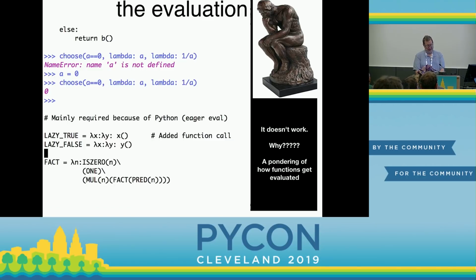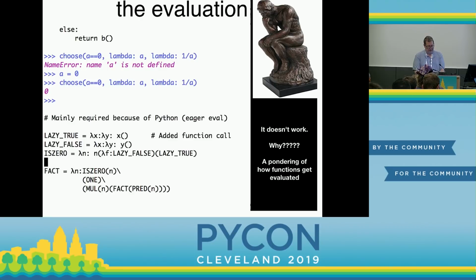And then I'm also going to have to redo the isZero function. So I'm basically going to have to introduce this extra function call in there. And then in this fact thing, I'm going to have to do this Lambda trick.